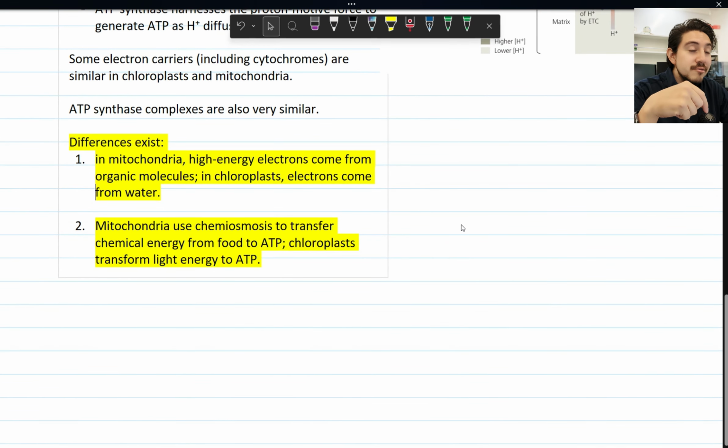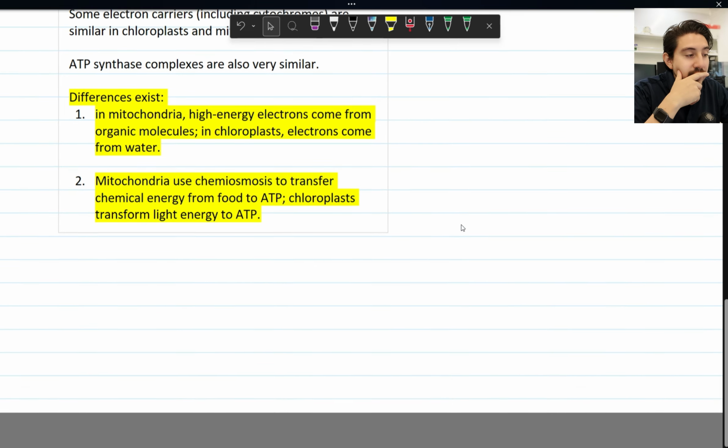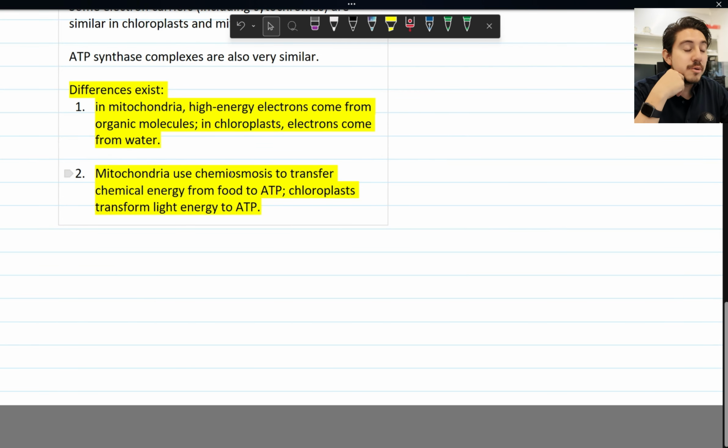For mitochondria, they come from NADH. Mitochondria use chemiosmosis to transfer chemical energy ultimately from food to ATP. Chloroplasts use light to make ATP. Mitochondria use food to produce ATP. Chloroplasts use light energy to produce ATP.